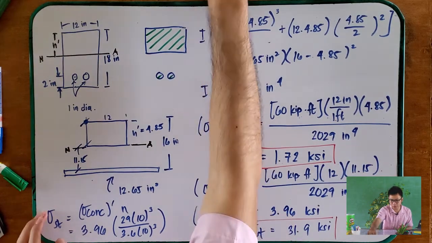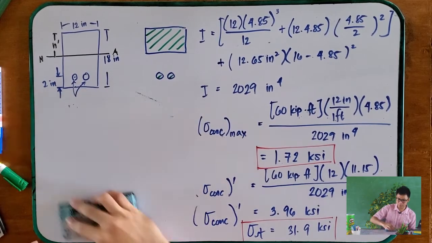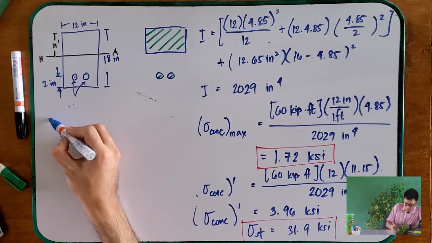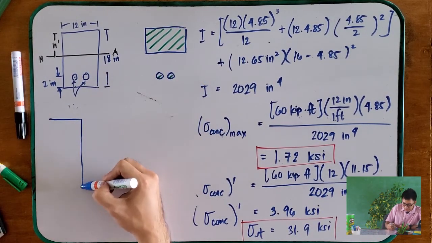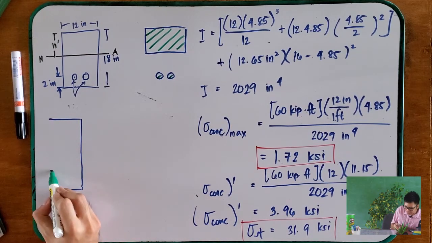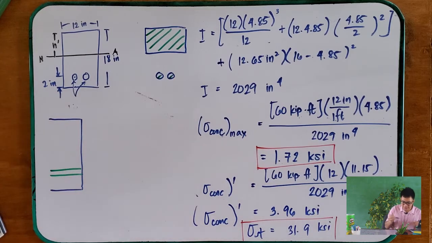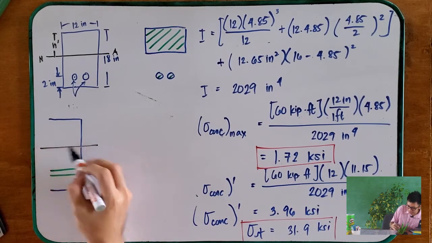And now, let's draw the profile view. So this is your concrete beam. I will just put everything here. And then this is your reinforcement bars. And this is your neutral axis.